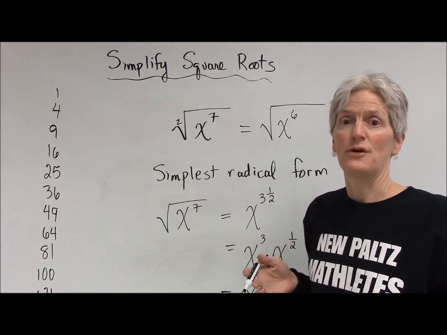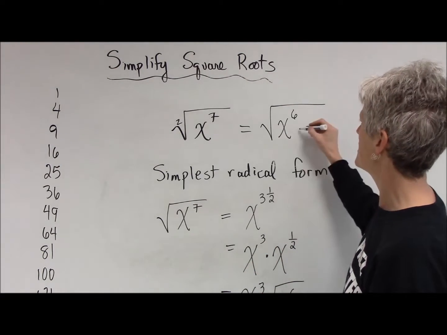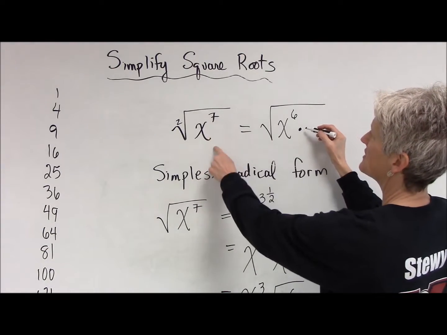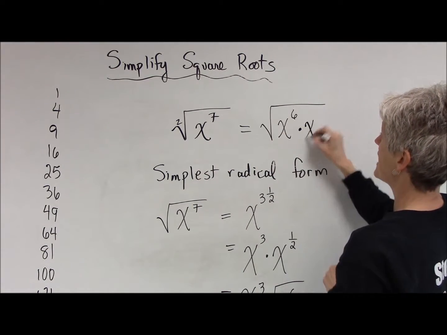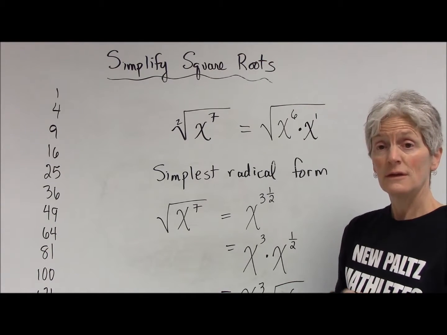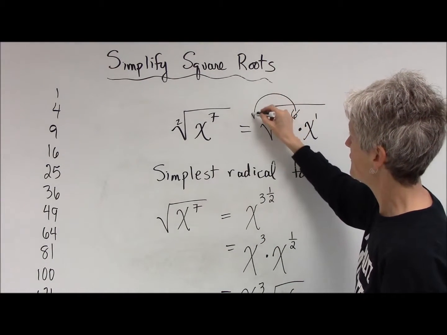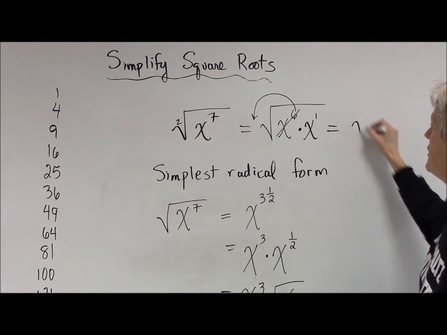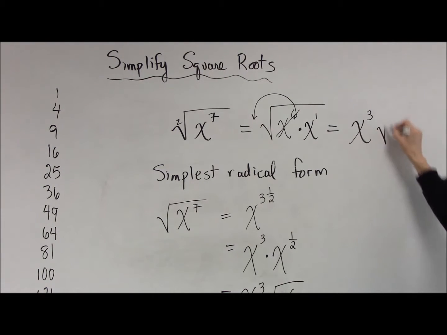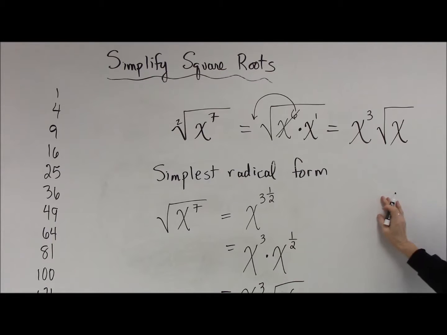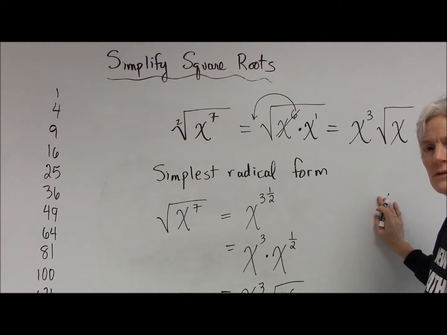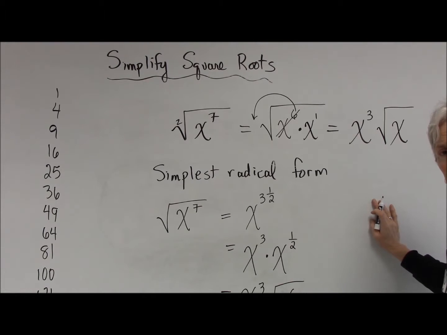Because x to the 3rd times itself is x to the 6th. So I can rewrite x to the 7th as x to the 6th times x to the 1st. All right, well, the x to the 6th is a perfect square, so I can bring that out as x to the 3rd, leaving x inside the square root. So that's a second way to do it, okay?